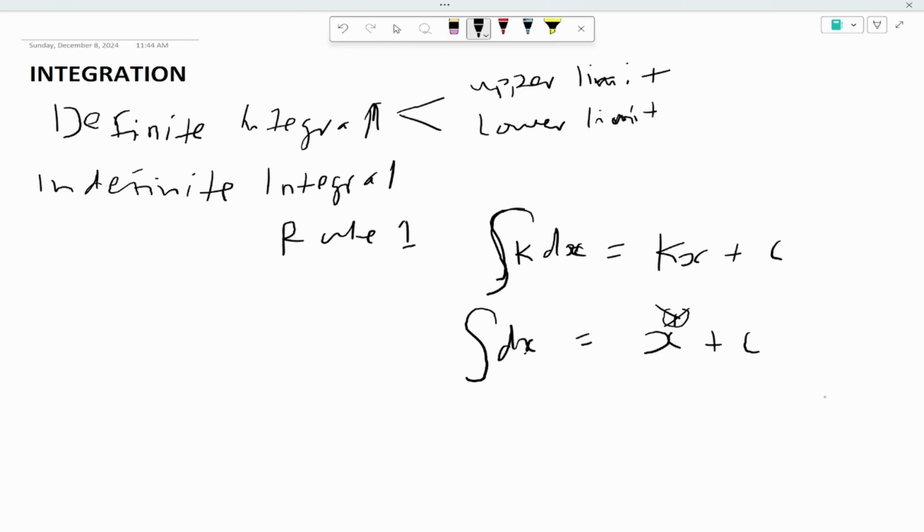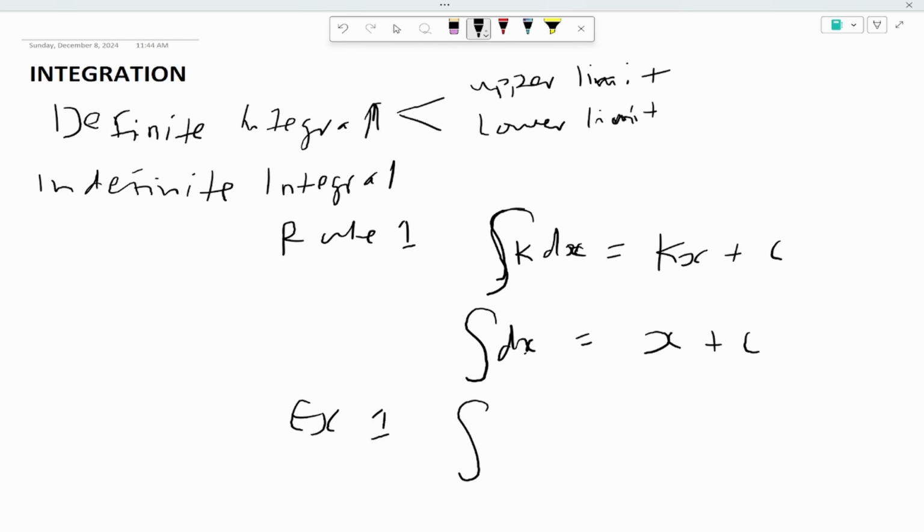So the variable becomes raised to power 1, so we have an introduced variable. You understand? Let's use an example now to explain it.